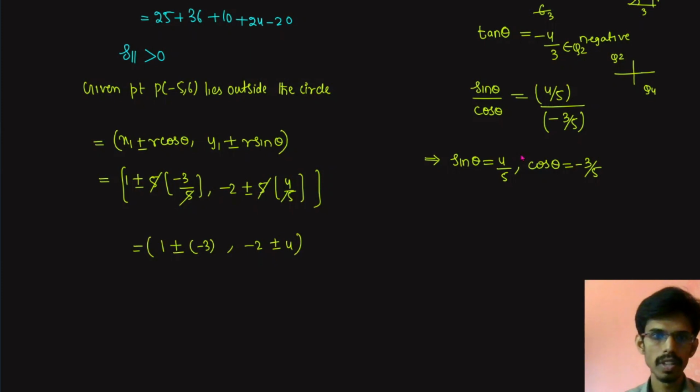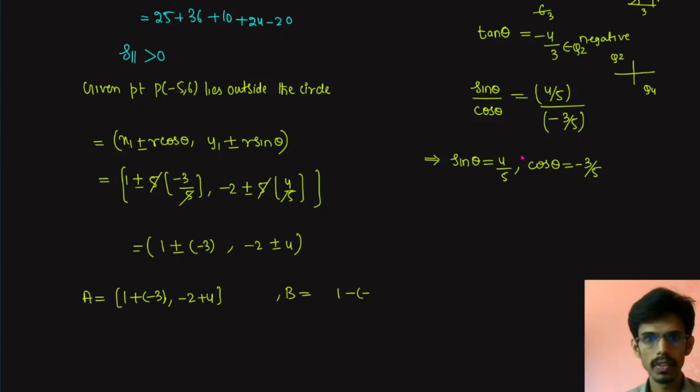Now take one time positive. Let us take it as point A: 1 plus of minus 3 comma minus 2 plus of 4. Take the other point B as 1 minus of minus 3, minus 2 minus 4. So here I'll get A equals 1 minus 3 which is minus 2, and 4 minus 2 is 2, and point B will be 4 comma minus 6.